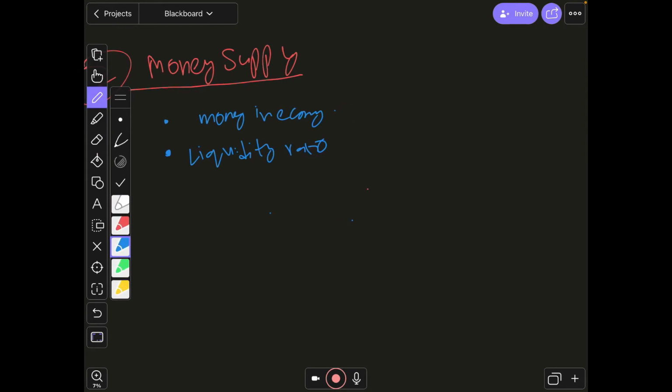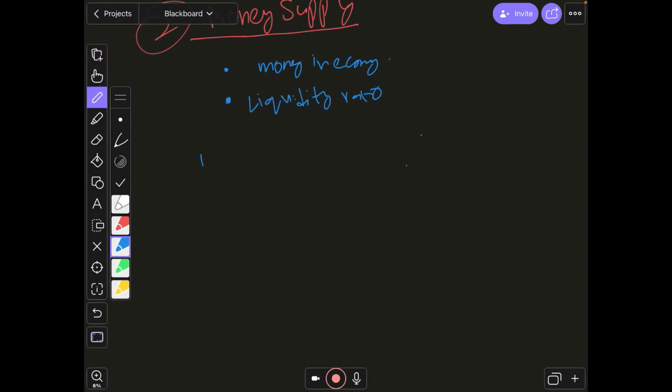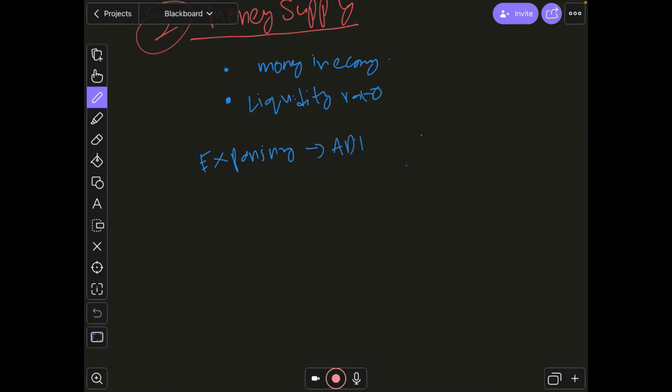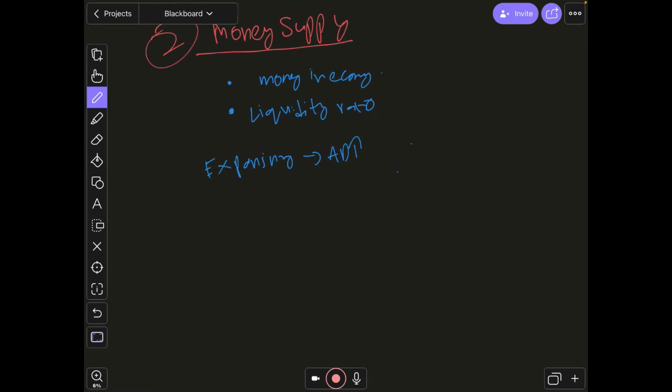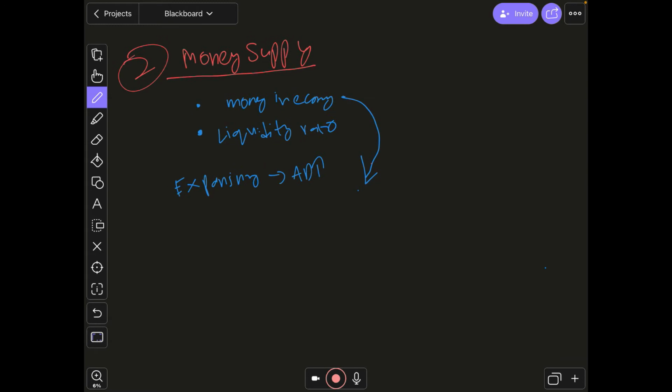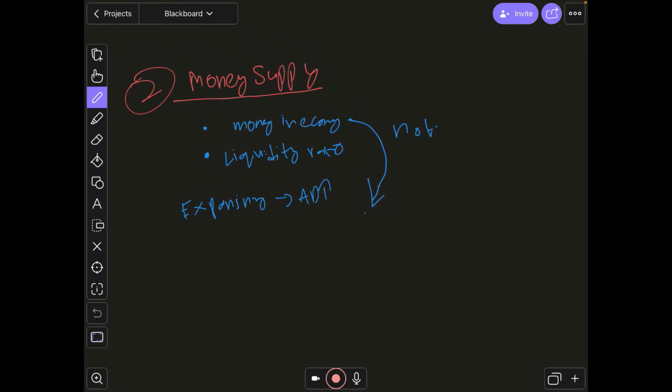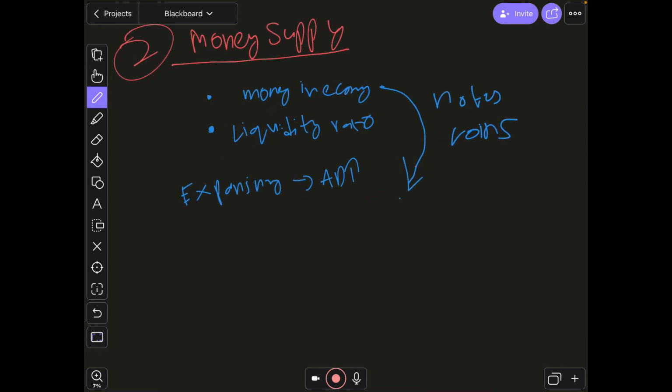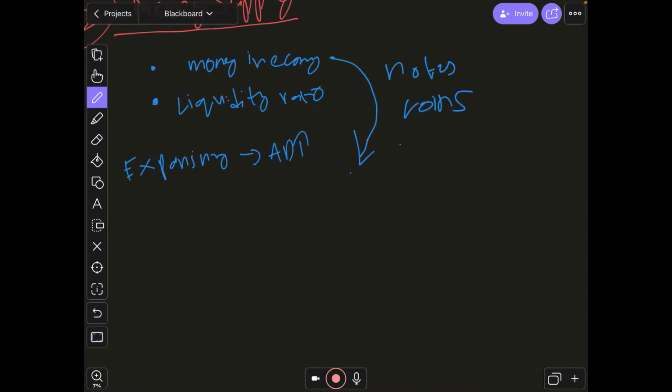So now what the government can do is, if the government is using its expansionary monetary policy, which means obviously increasing aggregate demand, the government will increase the money within the economy. The government will increase notes and coins to increase the amount of liquidity within the economy.